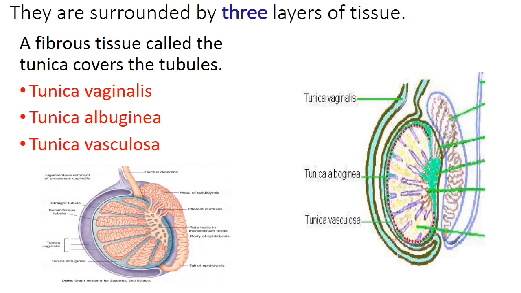You can see in the figure the tunica vasculosa is the inner layer, then the tunica albuginea, and the outer layer, a double layer, is the tunica vaginalis. We will see in detail in the next slide. So these are the three covers of the testis: the tunica vaginalis, then the tunica albuginea and the tunica vasculosa.